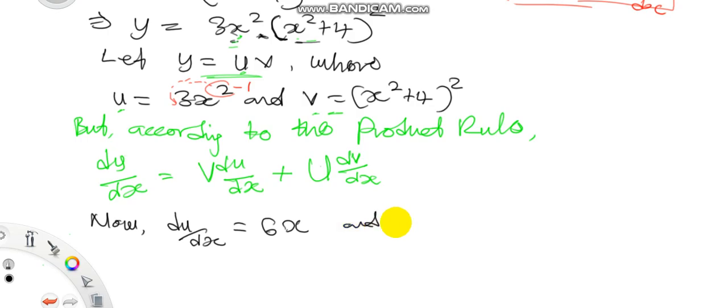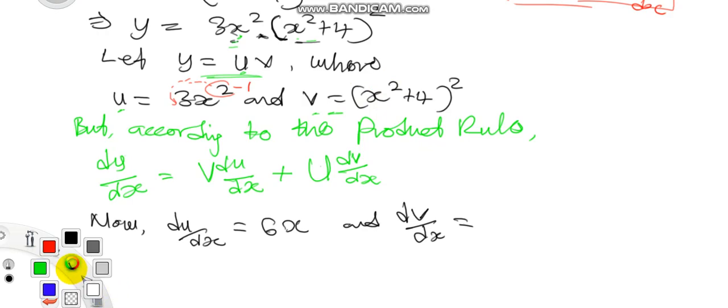And dv/dx is equal to, now this is a composite function. We can imagine this inner function being, let's say, a, because we already have u here.